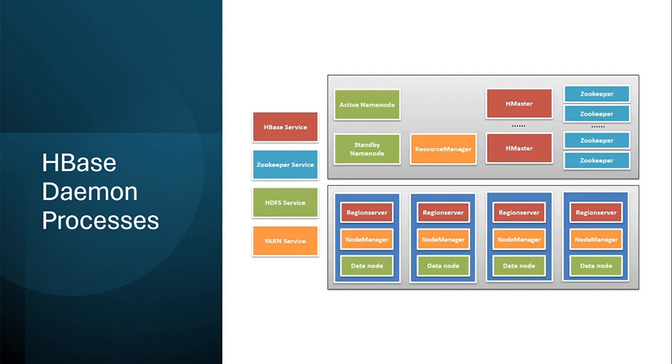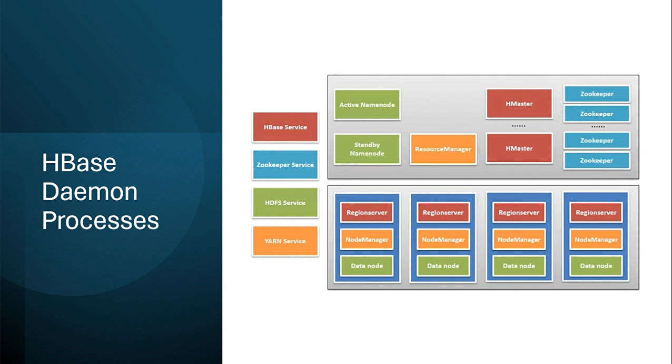So it is a quorum of masters. It provides a mechanism for high availability of masters. In Hadoop, we have seen that the name node is a single point of failure and we have to specifically implement high availability. So HBase provides it out of the box.